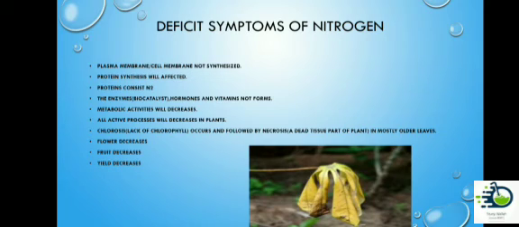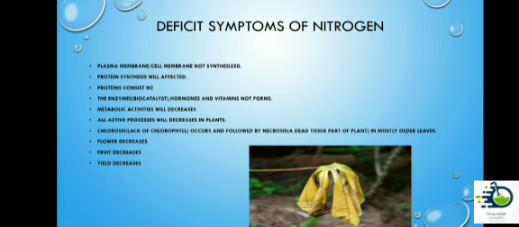Metabolic activities decreasing means metabolically active cells also decrease. All active cells will decrease in the plant. If active cells decrease, then active processes also decrease.